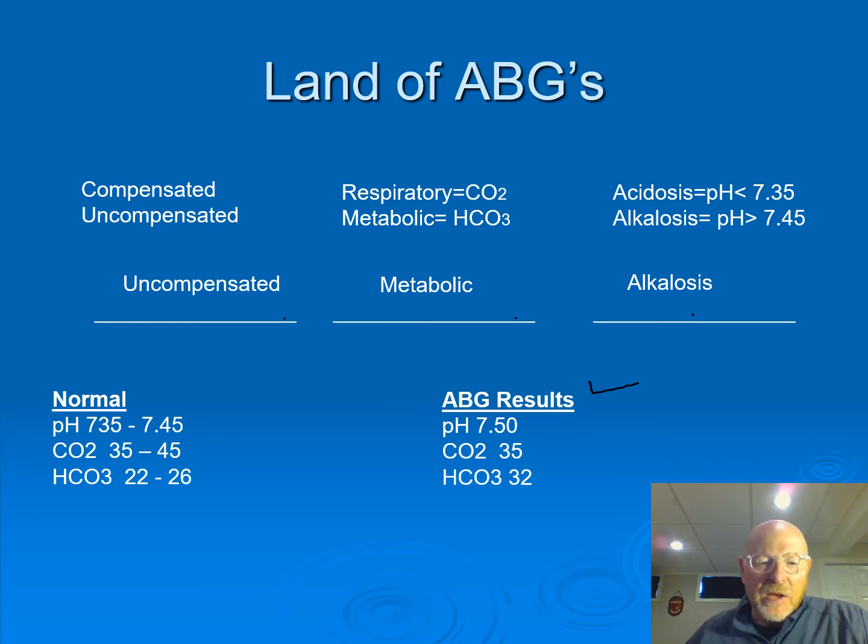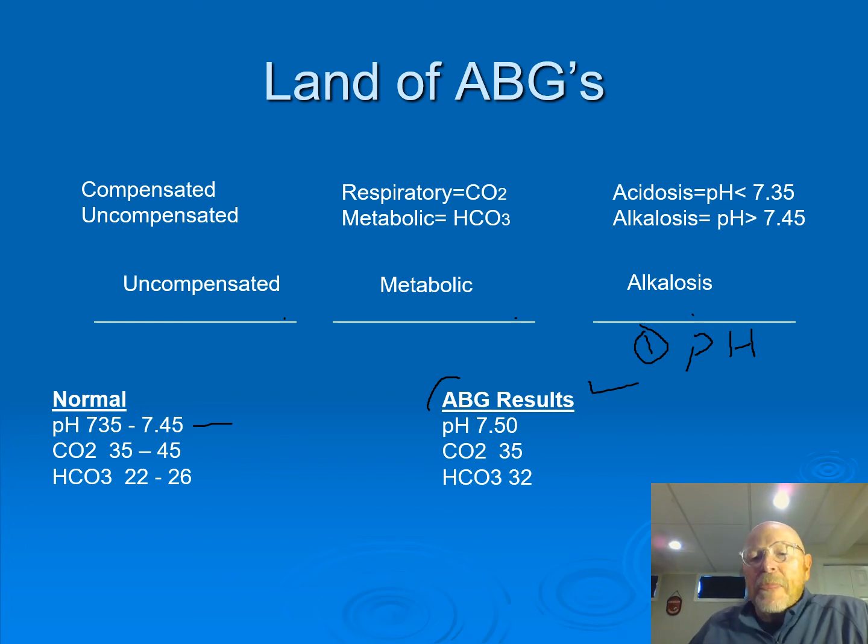The way the land of ABGs works is that we look at the last name first. Just think, the last shall be first. To determine our last name, we look at the pH level. If the pH in our ABG results is between 7.35 and 7.45, it's normal.